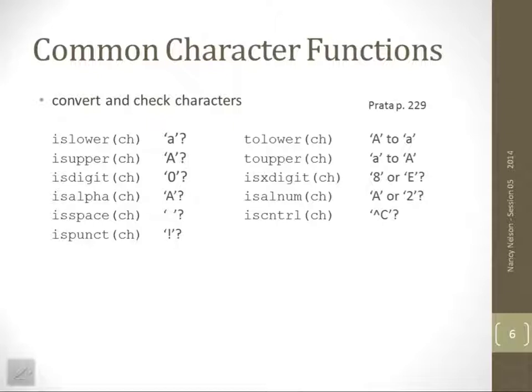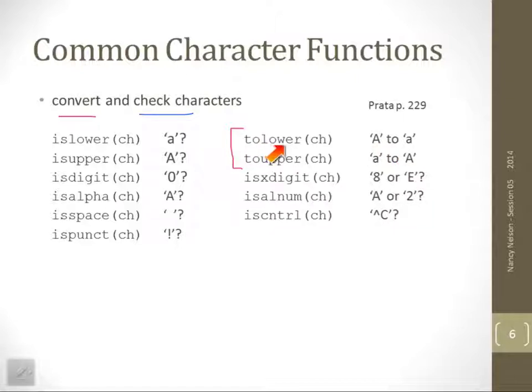Now we're going to look at some of the most commonly used character functions, and we have two different types. We have ones that convert things, and we have another set that check characters. So let's look at the conversion ones first. The two conversion ones we have are right up here on the right-hand side. The first is toLower, and what that allows us to do is to convert any uppercase letter to a lowercase letter.